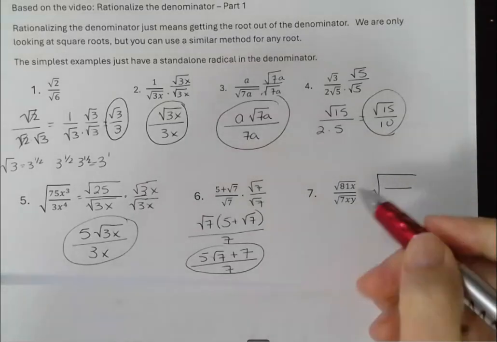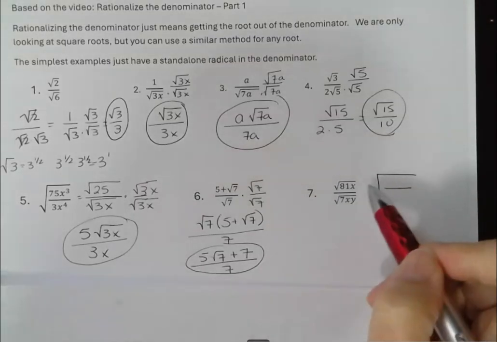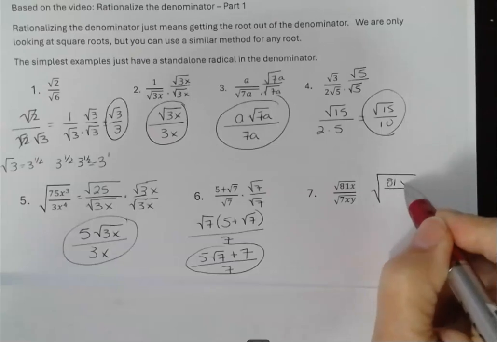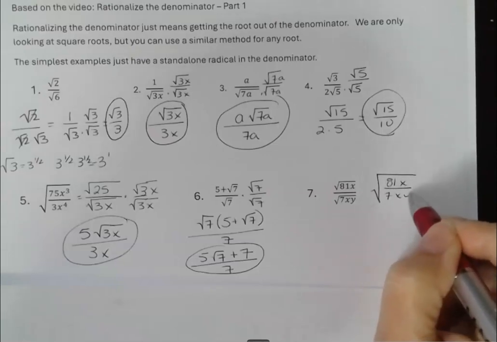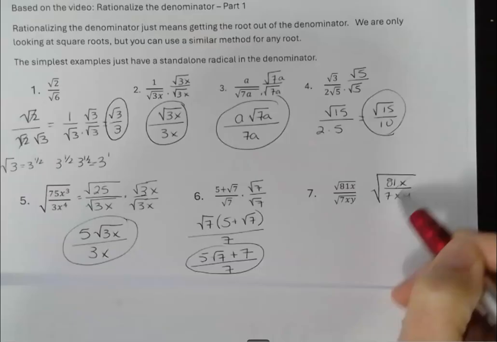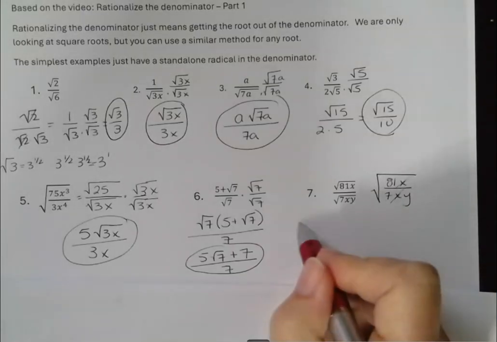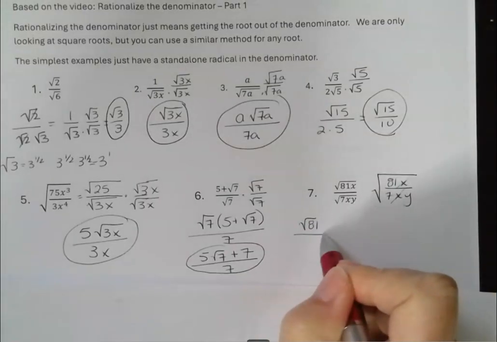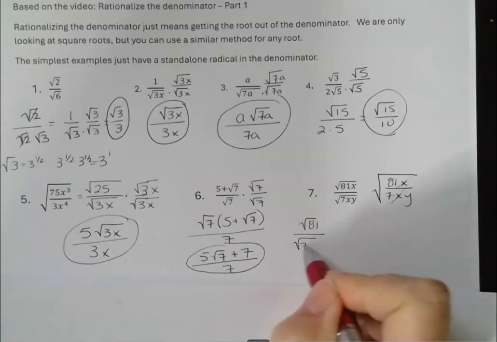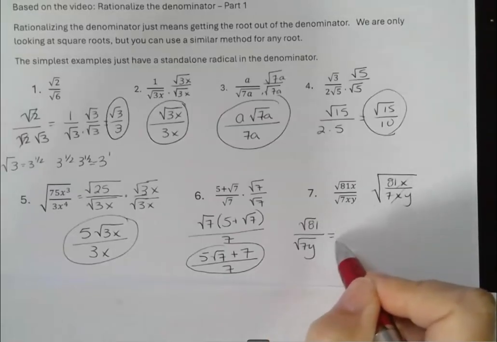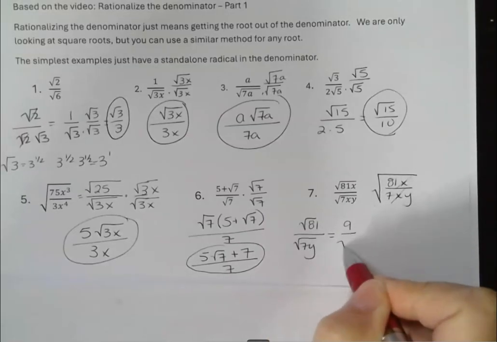And so I'm going to just put this in here like that, so that you can see that these x's will just cancel. I don't even have to worry about that. And I know that on the top I have the square root of 81 now, and on the bottom I have the square root of 7y. Well, the top is just 9.